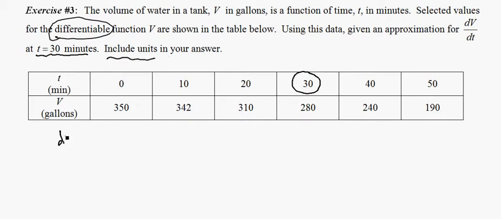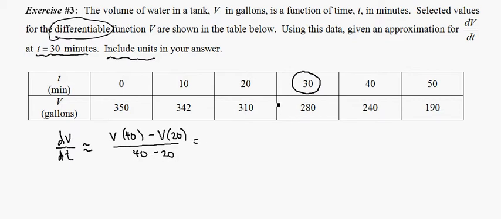So I'm going to say that dV/dt, or V prime of t, depends on how you want to put it, is approximately, and again I'm going to stick with this, V of 40 minus V of 20 divided by 40 minus 20. You will get a different answer if you include the 30.